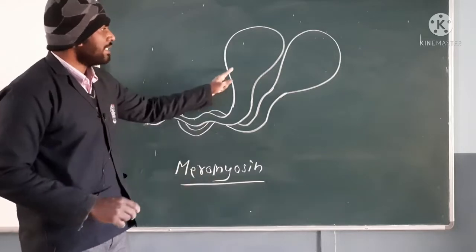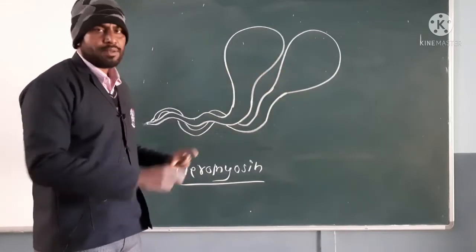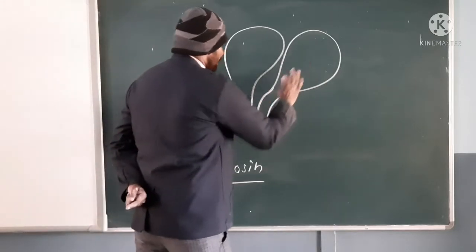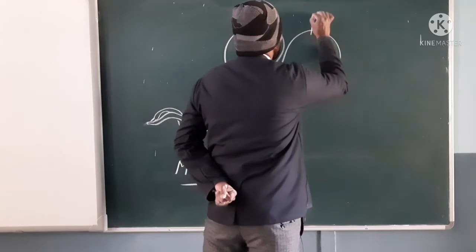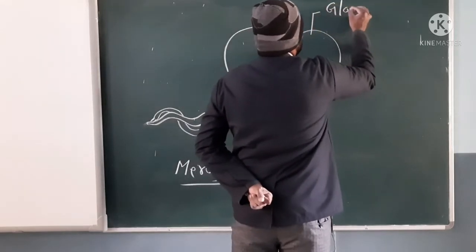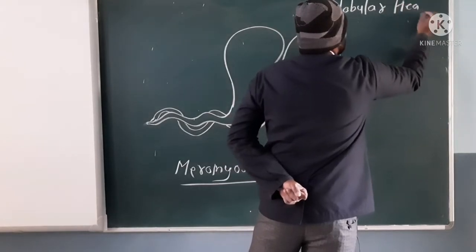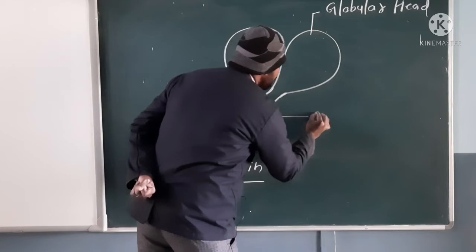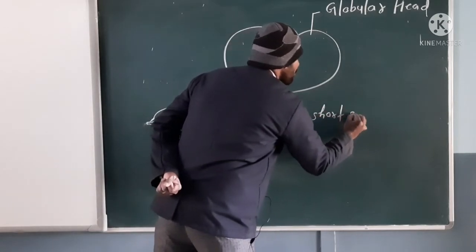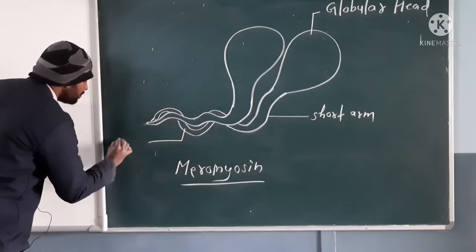Don't get confused. It has a bilobular, that means two globular head area. So the three regions present in meromyosin are its globular head, this short arm, and finally the tail region.